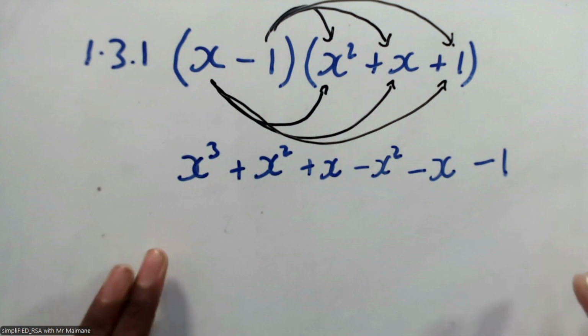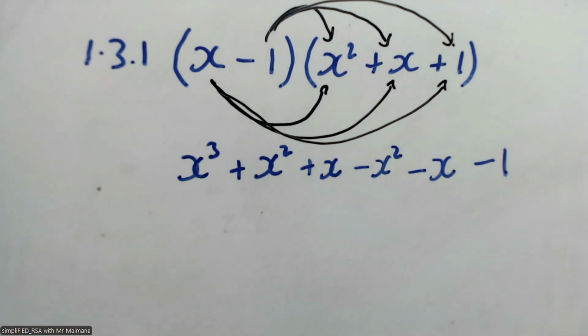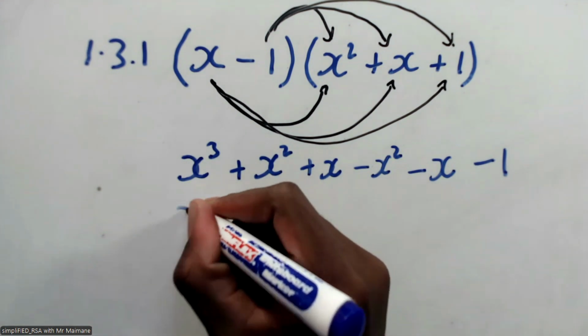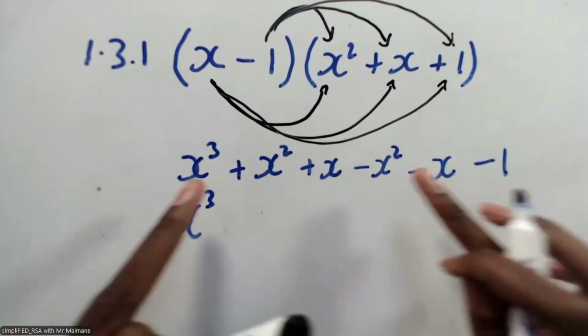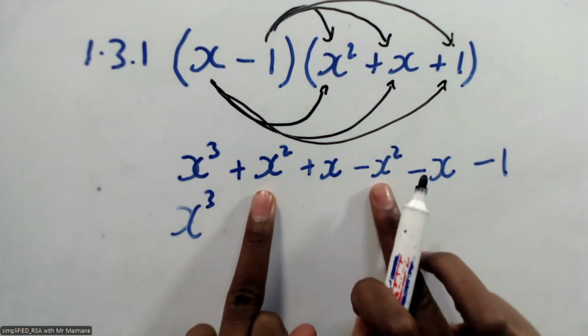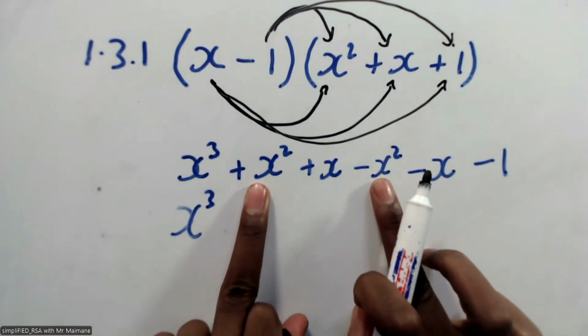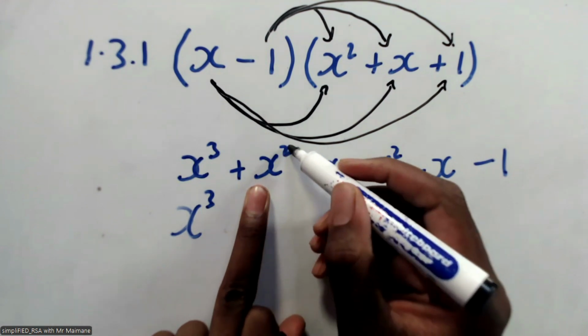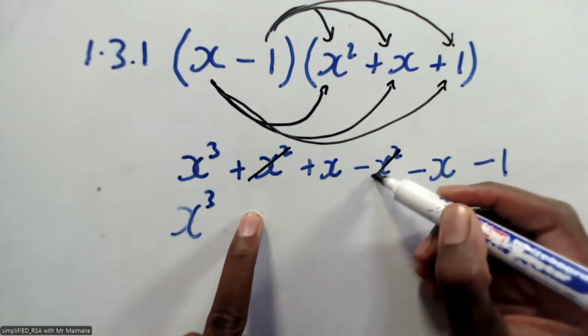The whole point is I want to simplify this to the simplest form I can get. Now, if you see, I have x cubed. It doesn't have any like term relating to it. But then looking at the other terms, I have x squared here, and I also have x squared here. So x squared minus x squared is 0. Somehow you can think of it as them canceling each other.